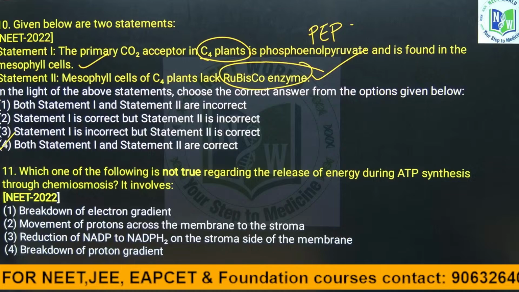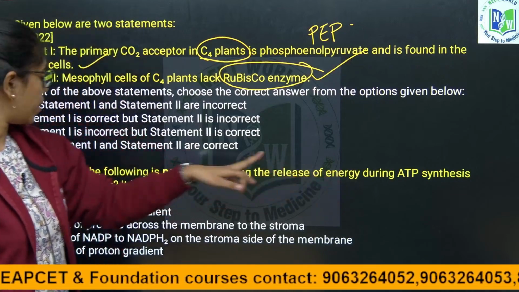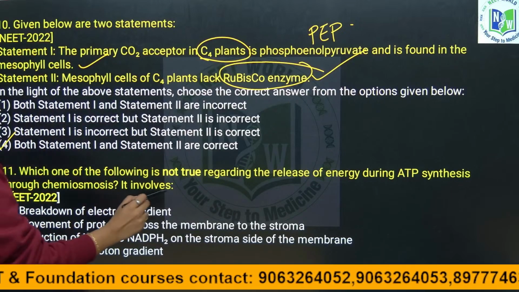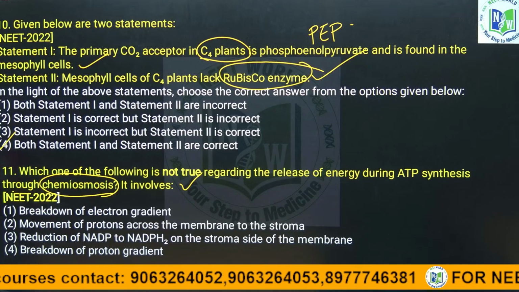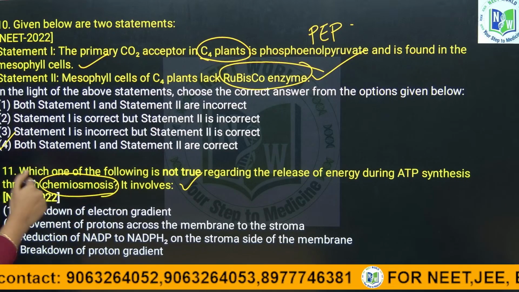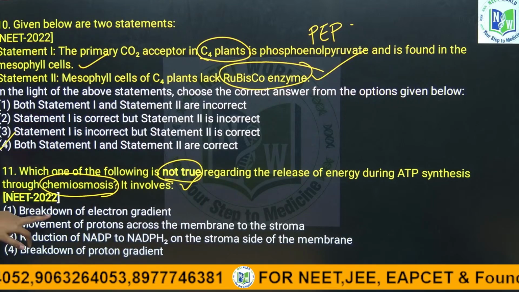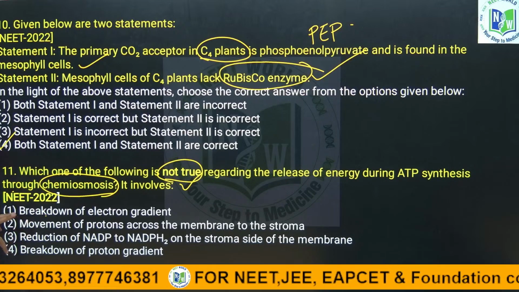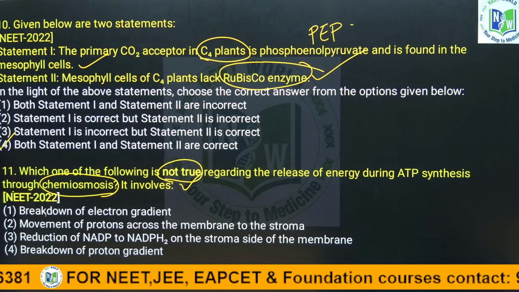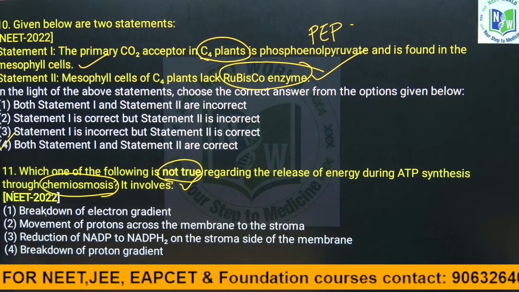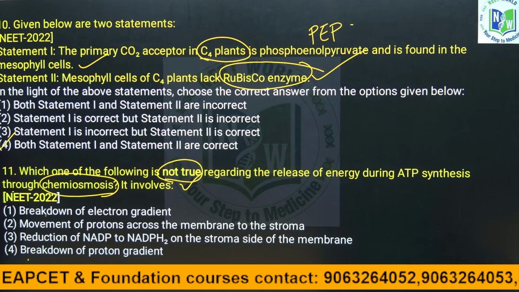Next question: which one of the following is not true regarding the release of energy during ATP synthesis during chemiosmosis? He is asking which is not true regarding the chemiosmotic hypothesis. First is breakdown of electron gradient, second movement of proton across the membrane, third reduction of NADP to NADPH2 on the stroma side of the membrane, and breakdown of proton gradient.